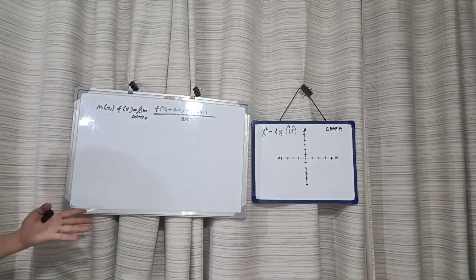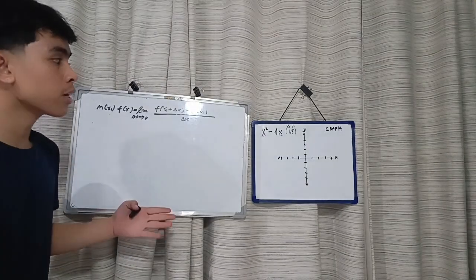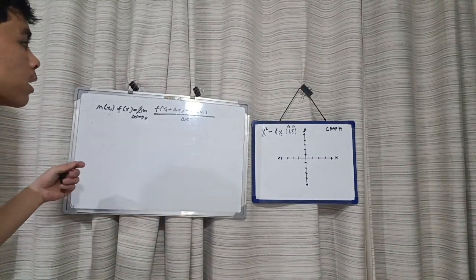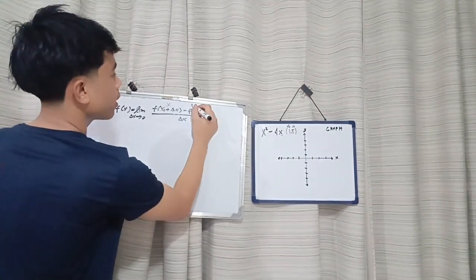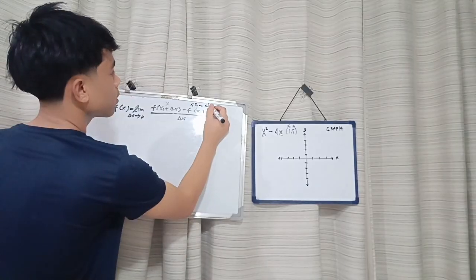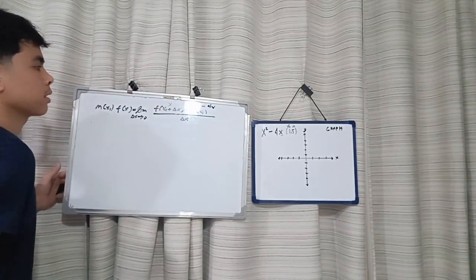Using this formula, we can work with our x squared minus 4x.